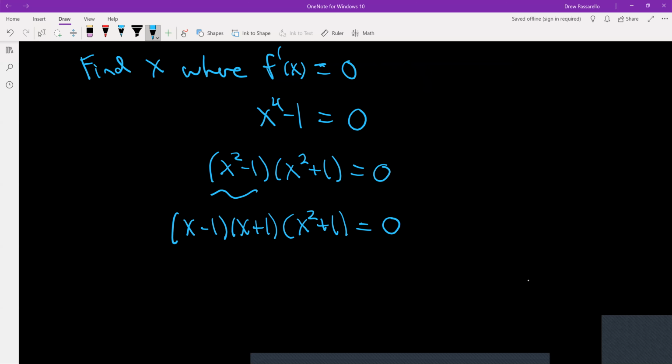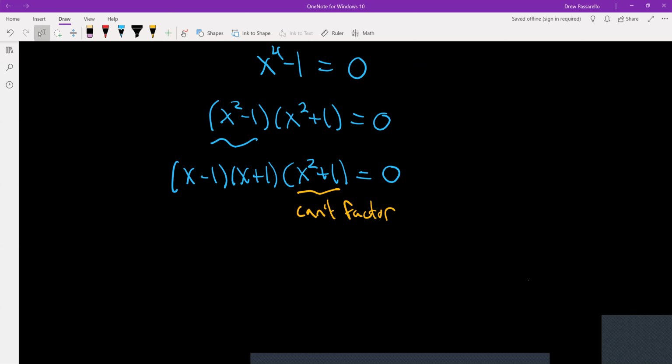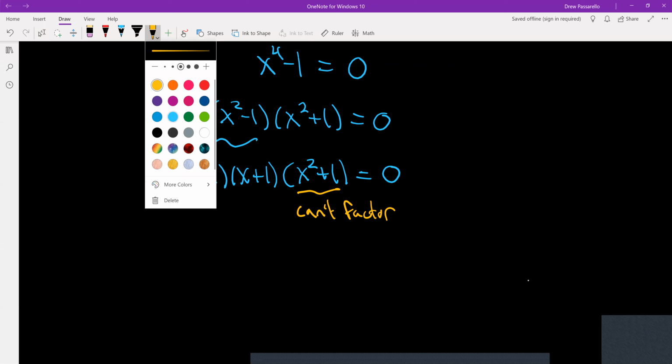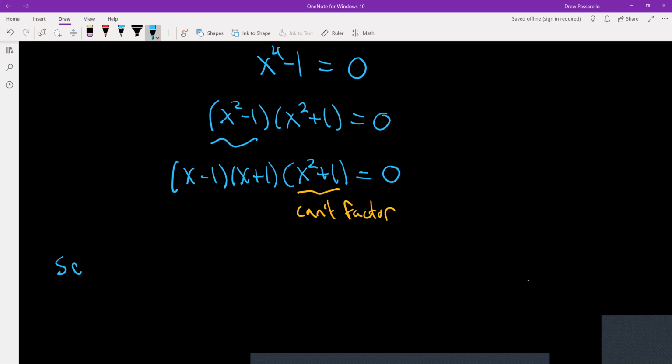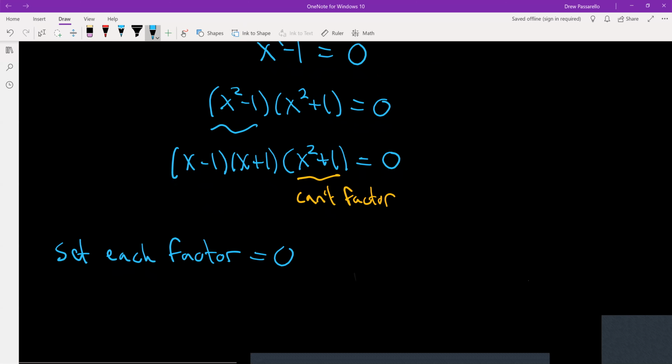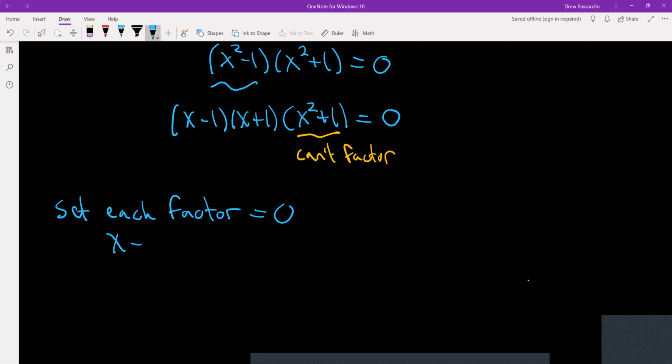I can't factor x squared plus 1. Okay, so then I determine the critical numbers by setting each factor equal to 0. So x minus 1 equal to 0, that gives me 1. x plus 1 equal to 0, that gives me negative 1.